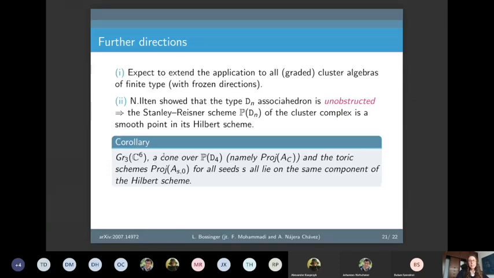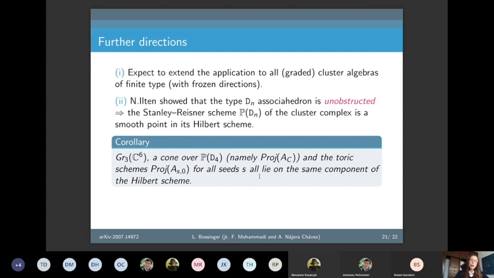In particular, as the cluster complex of the Grassmannian Gr(3,6) is this type D4 associahedron, this means that the Grassmannian Gr(3,6), a cone over the Stanley-Reisner scheme, which is in this case exactly the projective spectrum of the algebra that is the quotient of the polynomial ring by the initial ideal with respect to the cone C, and all the toric schemes that are projective spectra of the principal coefficient algebras A at 0, are special fibers.